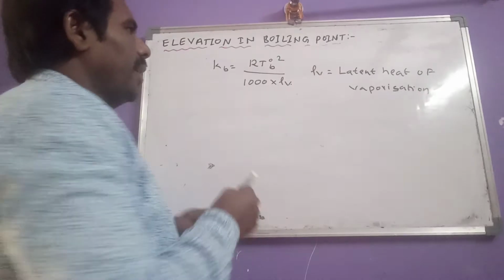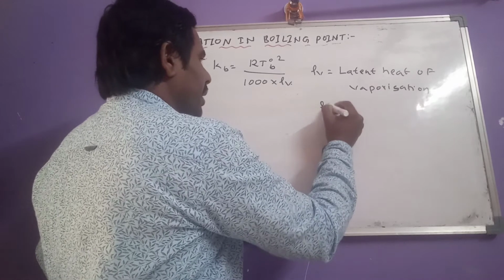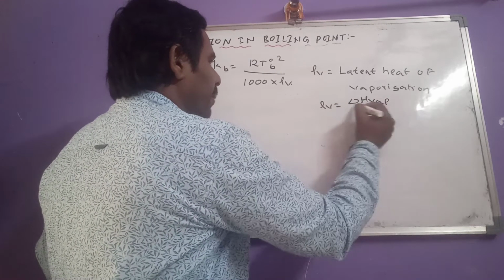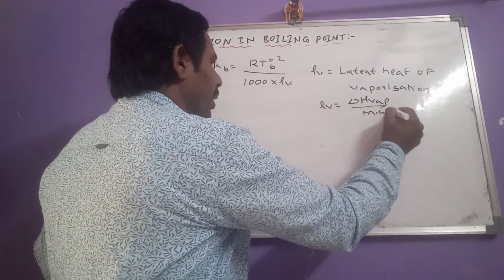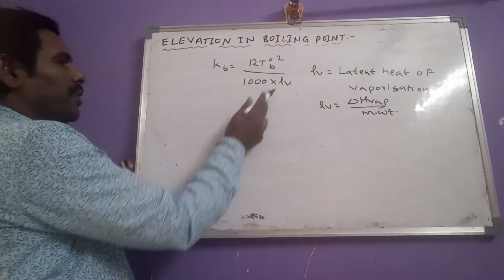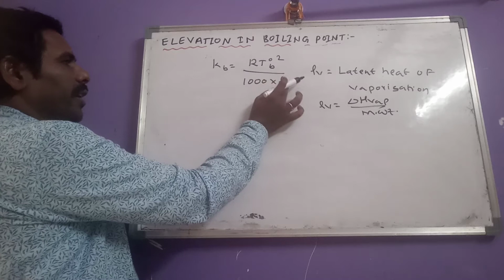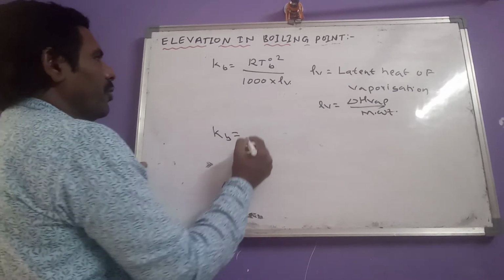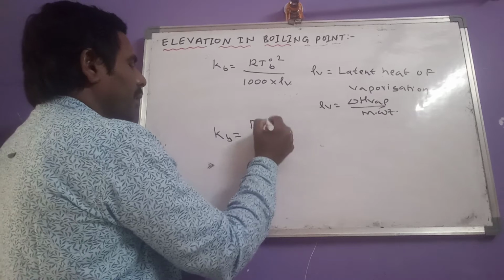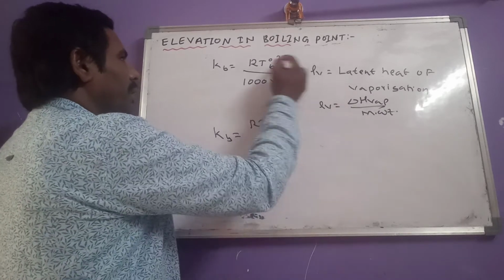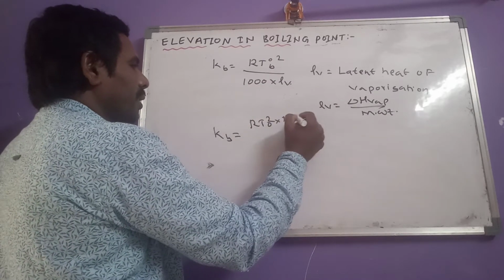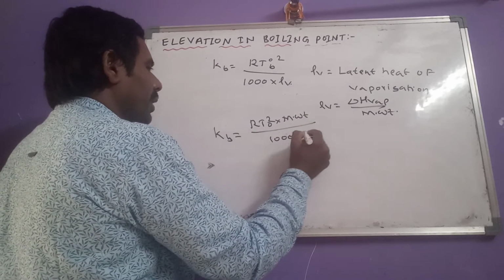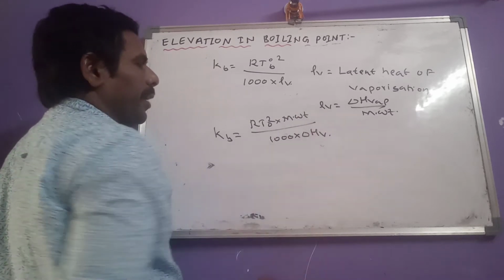But this latent heat of vaporization can be taken as delta H vaporization by molecular weight. By substituting this expression in place of LV, Kb equals R T naught squared into molecular weight, which comes to the numerator, by 1000 into delta HV.